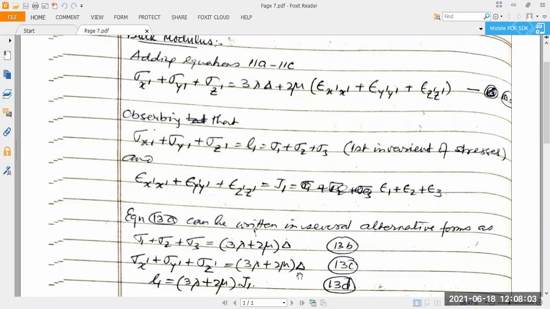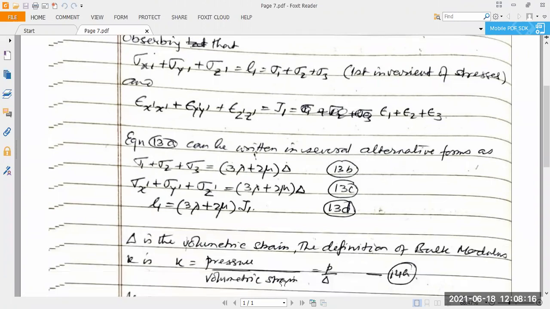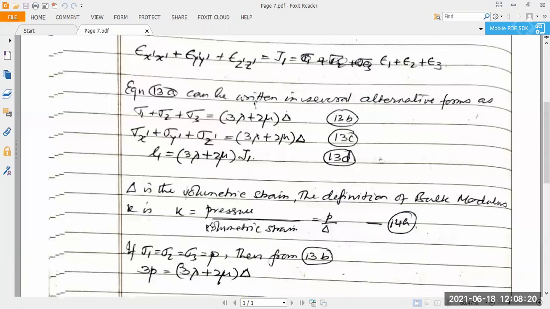So L1 thus becomes (3 lambda plus 2 mu) multiplied by J1 itself. So delta is the volumetric strain. The definition of bulk modulus is given as K, pressure divided by volumetric strain, with pressure equal to the internal pressure P divided by delta itself.